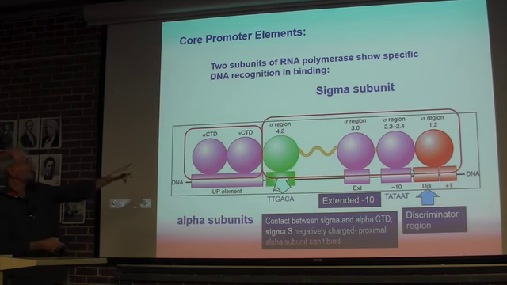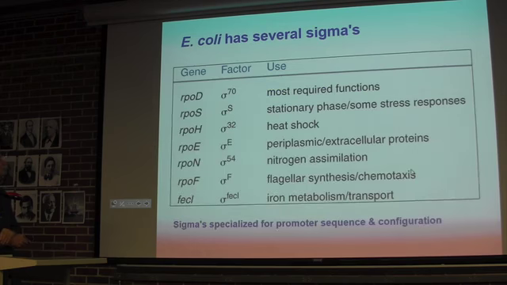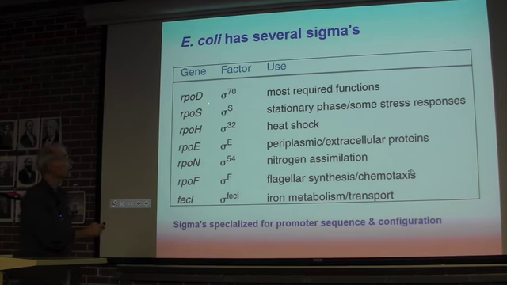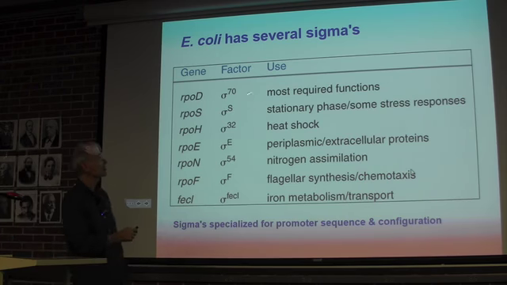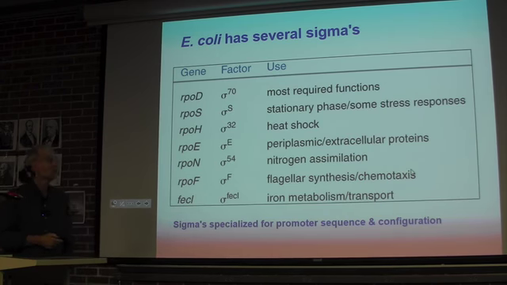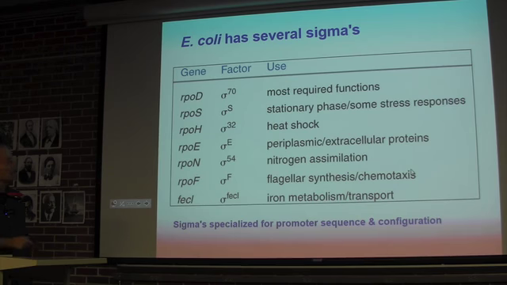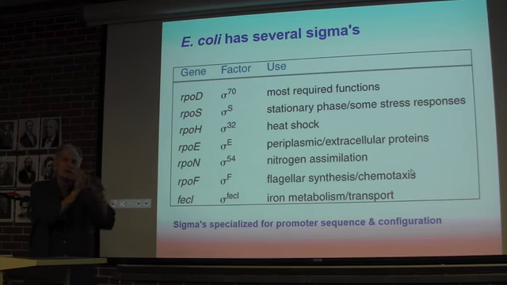So here, this is sigma, and this is the alpha subunit. I was telling you there are lots of sigmas. Sigma 70 is by far the most abundant and works at the vast majority of the promoters. It's so-called housekeeping sigma or sigma 70. But you notice there's a whole host of others that have been specialized to their own little collection of promoters.